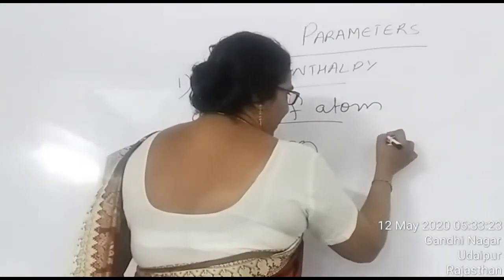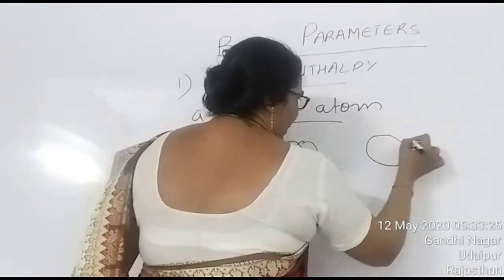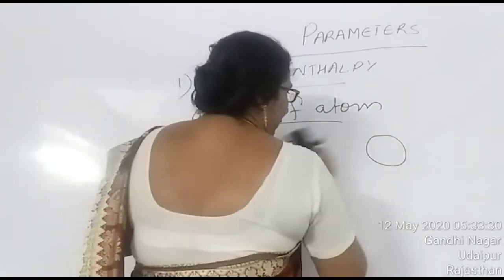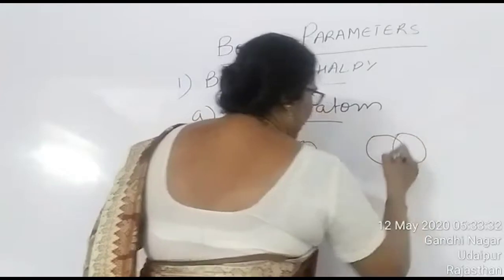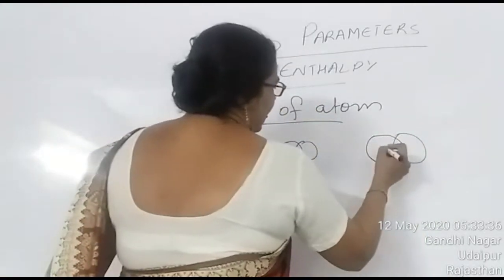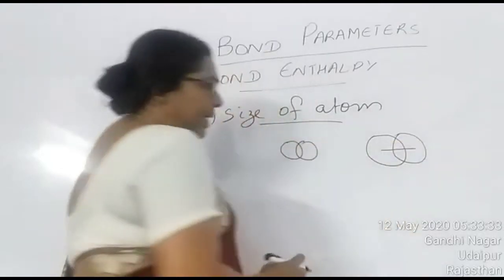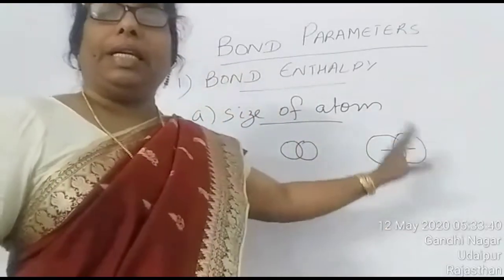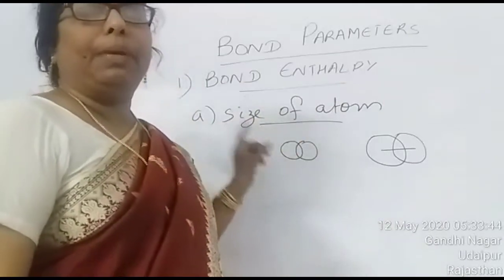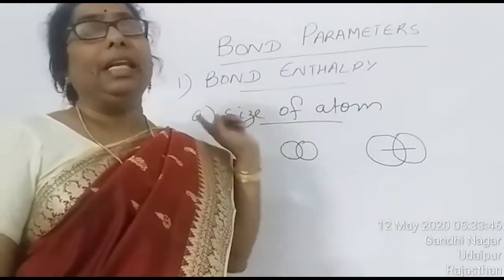Chlorine's atomic number is 17, so the size of chlorine will be comparatively bigger compared to that of hydrogen. So here, as the size of the atom increases, it will be easier to break the bond. So bond enthalpy decreases with the increase in size.